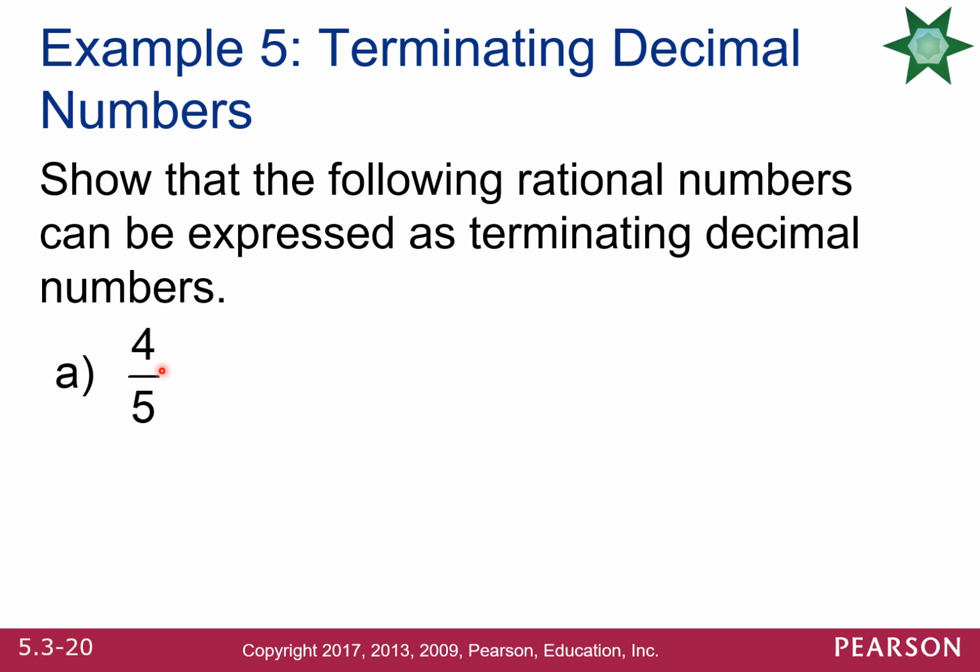So what I'm going to do here is I'm going to perform the division and then see whether it is terminating or not. So it's 4 divided by 5. So I'm going to work the division on the side. So I have 4 and I divide it by 5. Now 4 is less than 5.